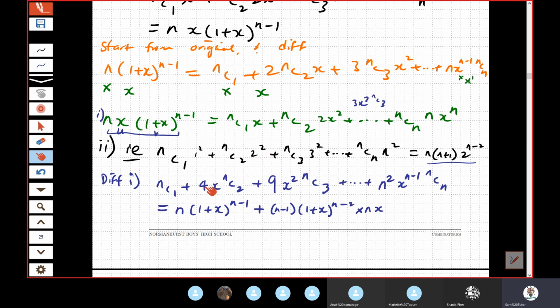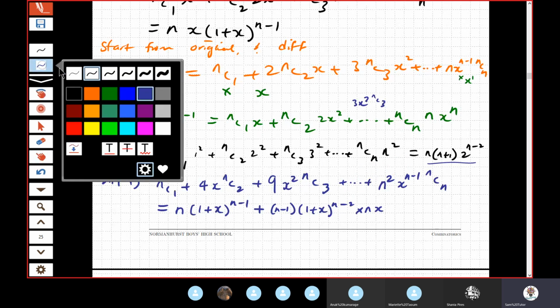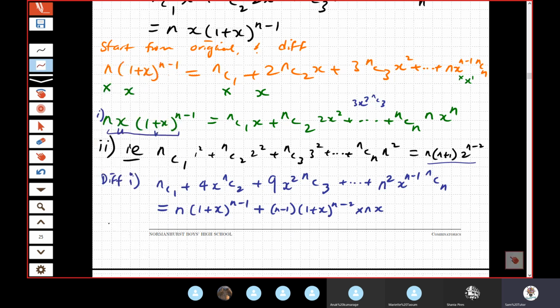Isn't 2 squared 4? n choose 2 is n choose 2. So what is x equal to? 1. Oh, 1, yeah. 4 times 1 is 4. 9 times 1 squared is still 9. 3 squared, it's exactly the same. It's just x is 1. Let x equal 1.